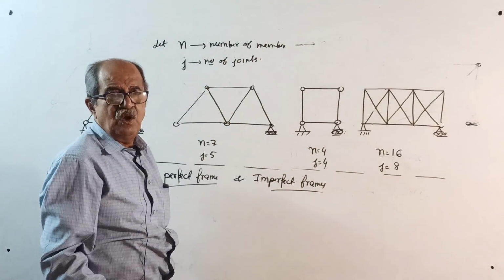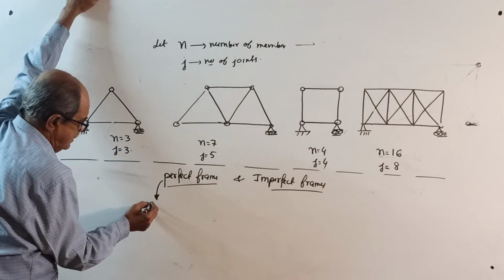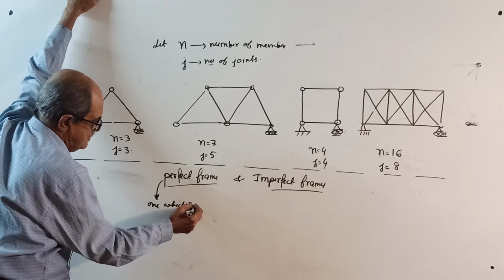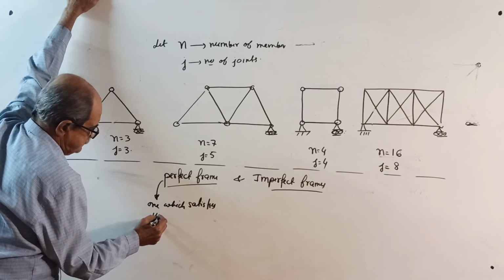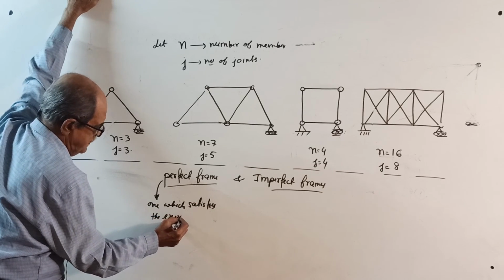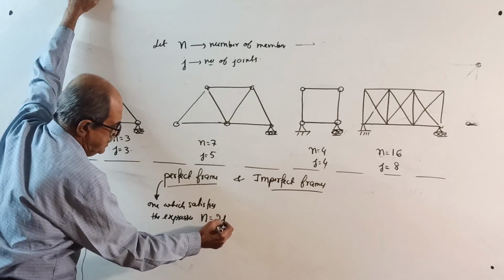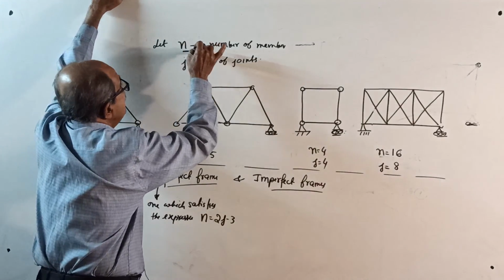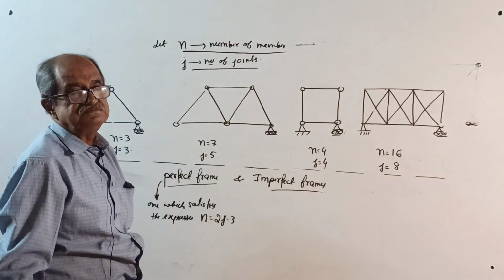Or you can make a note: a perfect frame is one which satisfies the equation n equal to 2j minus 3, where n is the number of members and j is the number of joints.